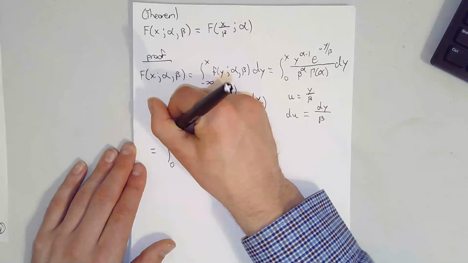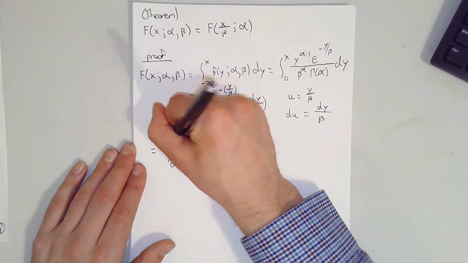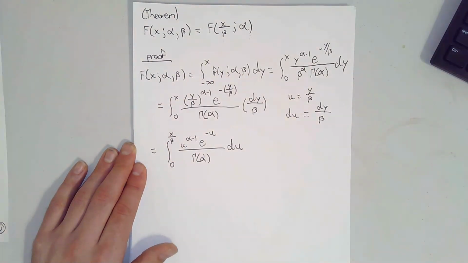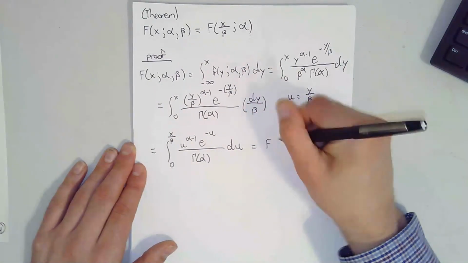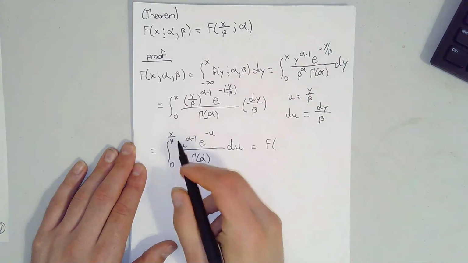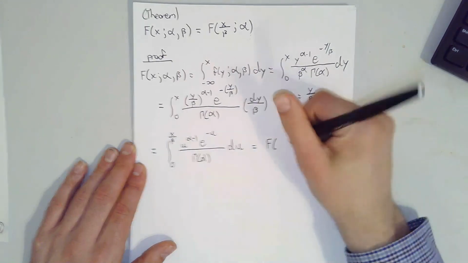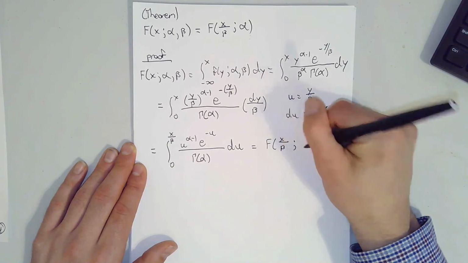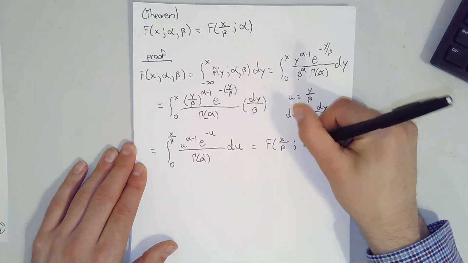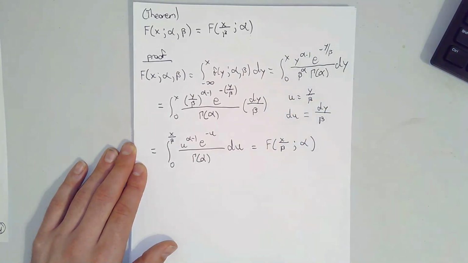So the upper bound becomes x over beta, like so. And by definition, this is the incomplete gamma function evaluated at x over beta, just like so.